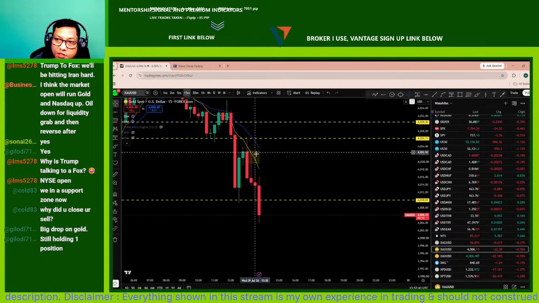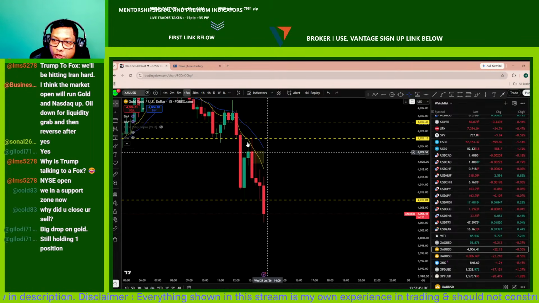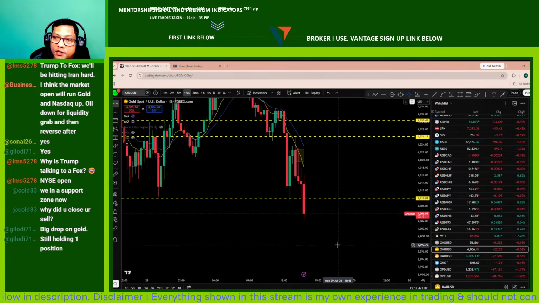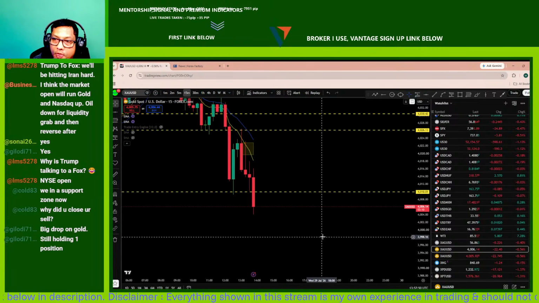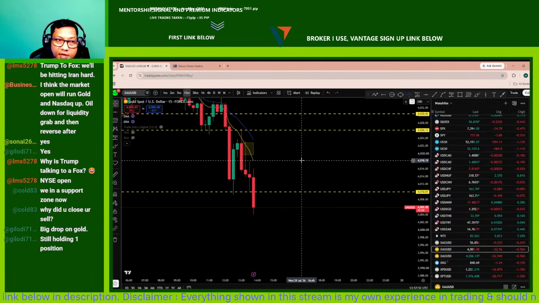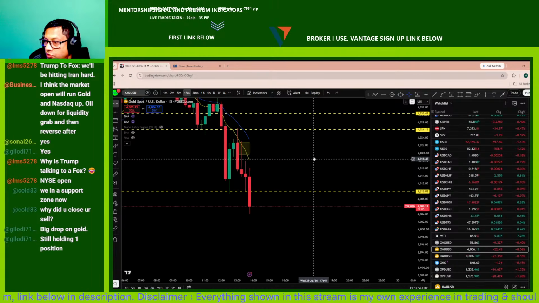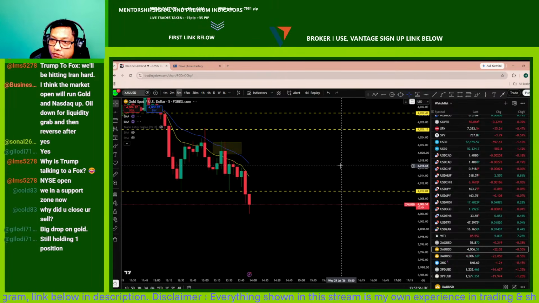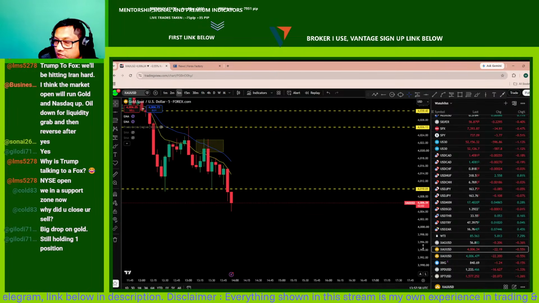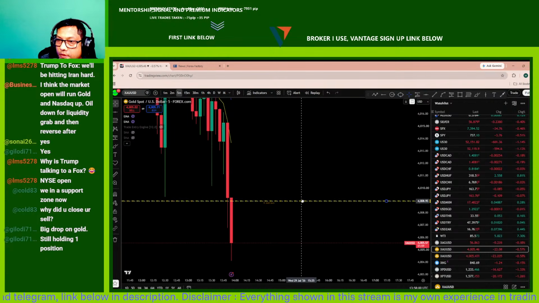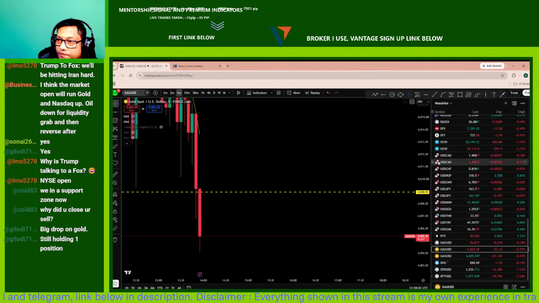Here you can see from here there is a rejection with a correction, and therefore going up again can create another selling opportunity in this area. Now 5 minutes price action that you can see here at this level.